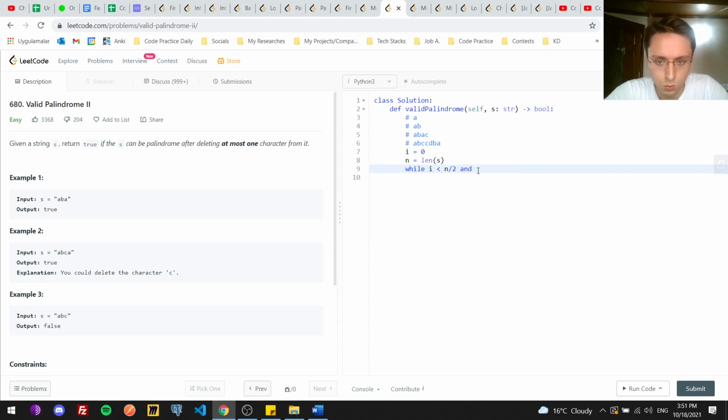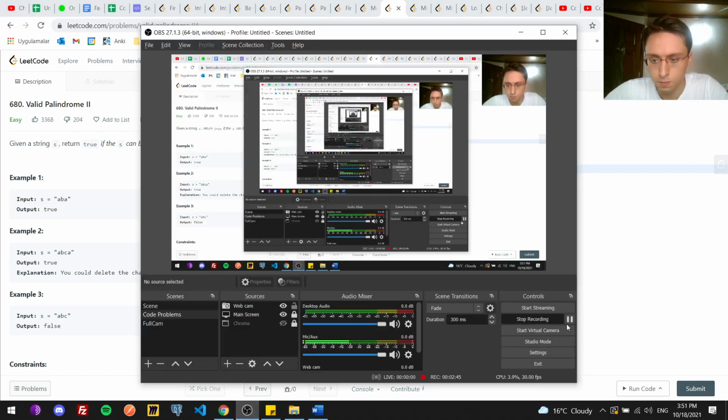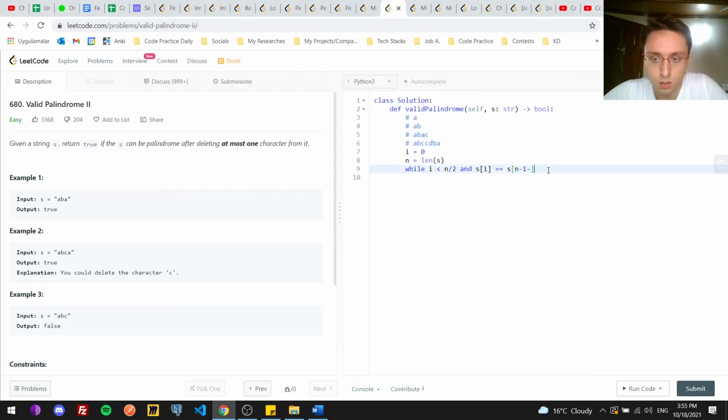So we continue when s[i] is equal to s[n minus 1 minus i].